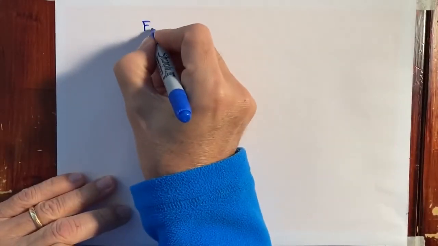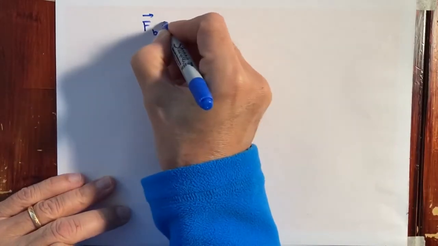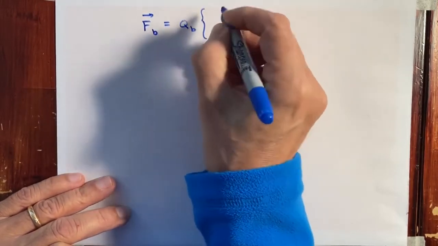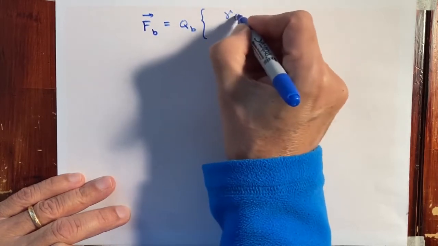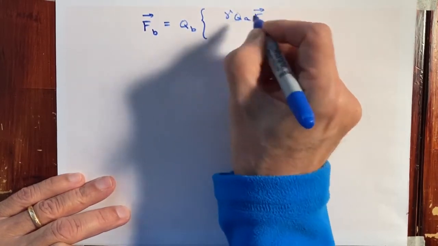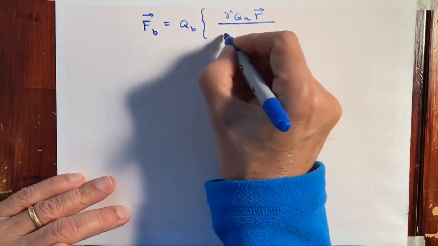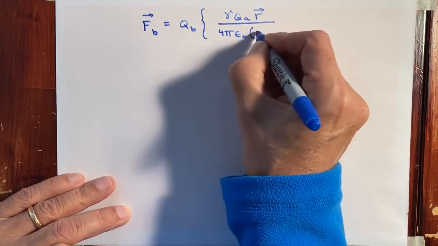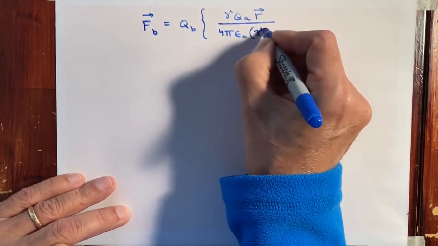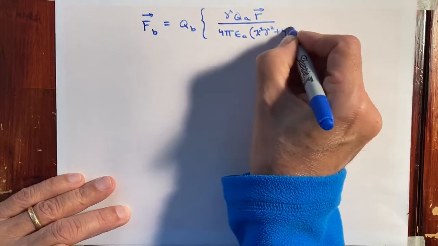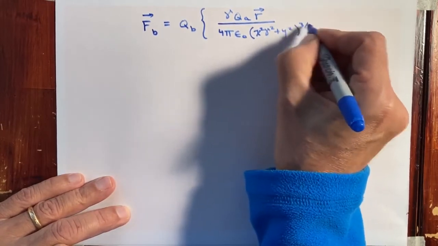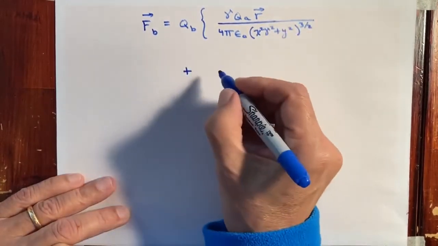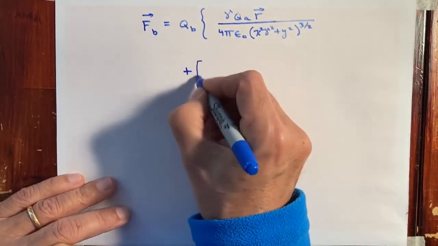F sub b equals q sub b, where we factored out the q sub b, times curly brackets gamma qa vector r over 4 pi epsilon naught times our usual friend here, plus, now we can use the v cross k expression.